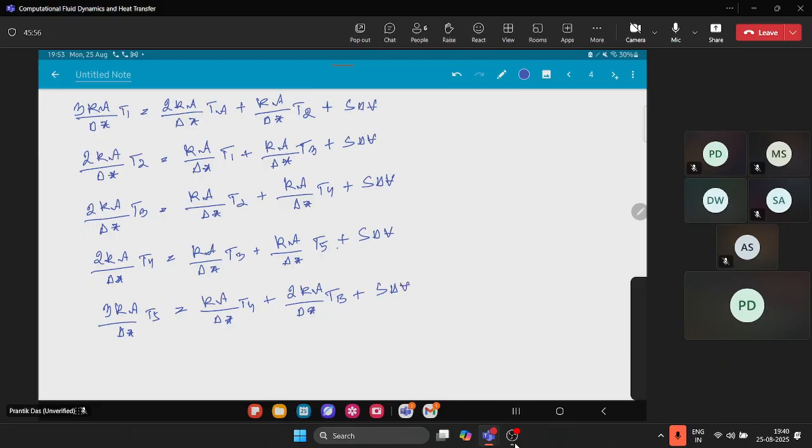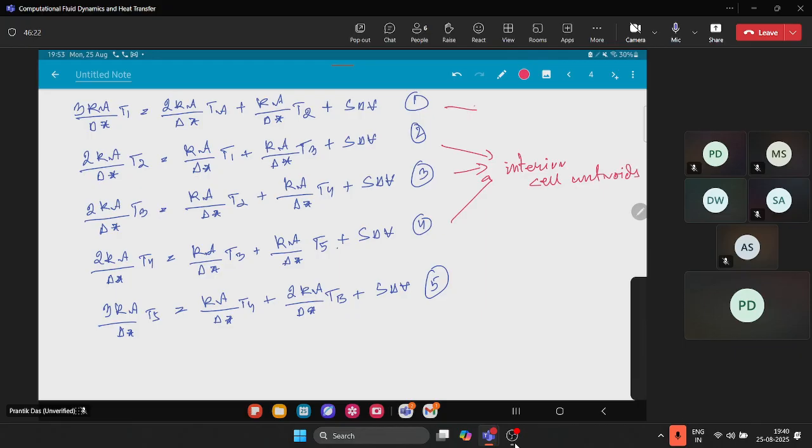Okay. So is it clear to all of you? This is for the first cell centroid, this is for second, this is for third, this is for fourth, and this is for fifth. So these three are basically your interior cell centroids.